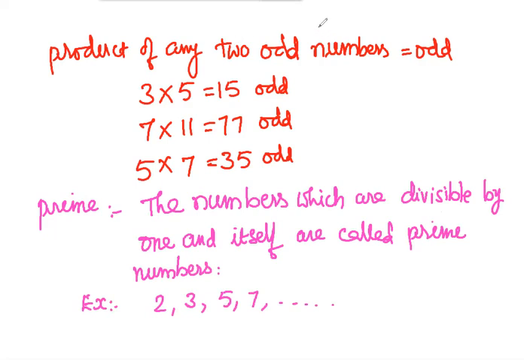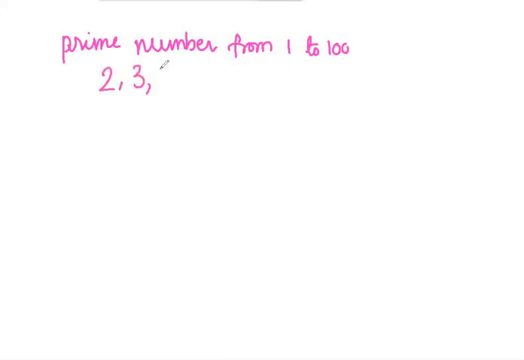Let us write prime numbers from 1 to 100. How many are there? Prime numbers from 1 to 10: 2, 3, 5, 7. From 10 to 20: 11, 13, 17, 19.